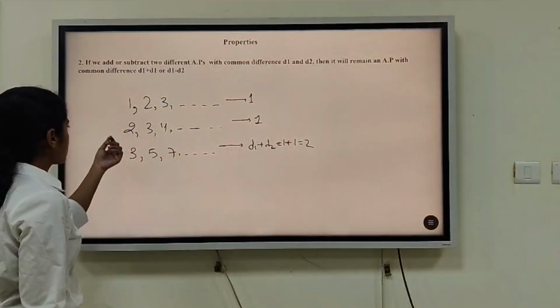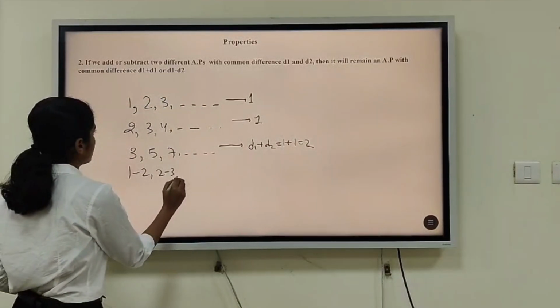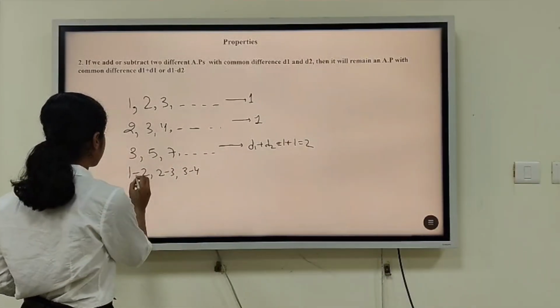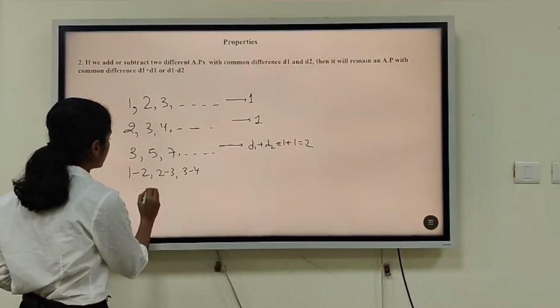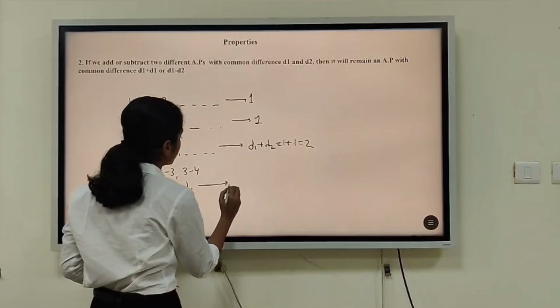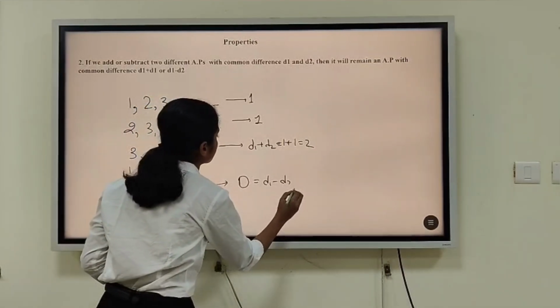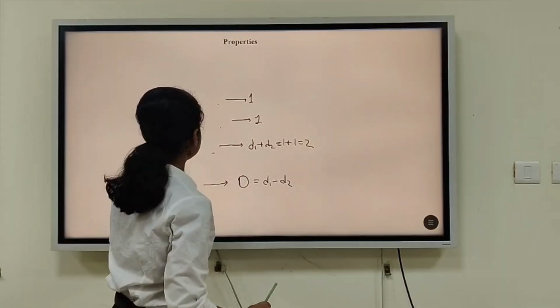Same we can do 1 minus 2, 2 minus 3, 3 minus 4, and we can see that the resulting sequence has common difference 0, which is nothing but D1 minus D2. Moving to the next property of arithmetic progression.